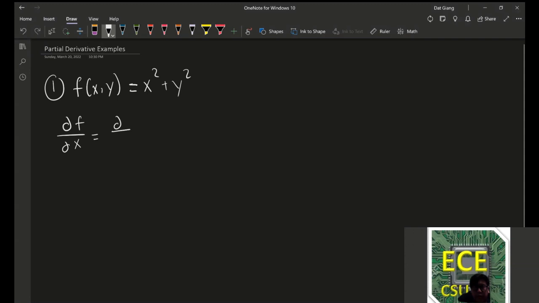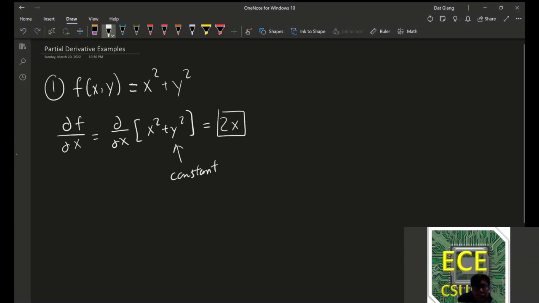Well, this is the same as asking what's the partial derivative of x squared plus y squared. Now, in this situation, y squared is considered a constant, as discussed previously. So as such, our answer is the partial derivative of x squared plus y squared is equal to 2x.